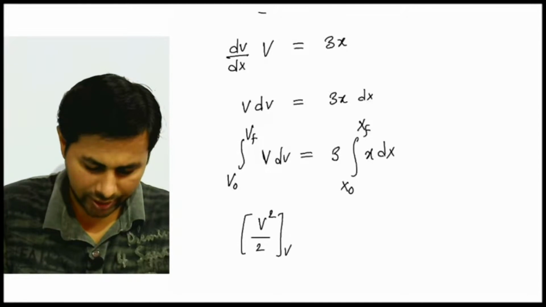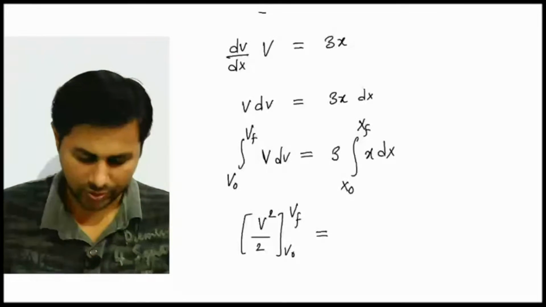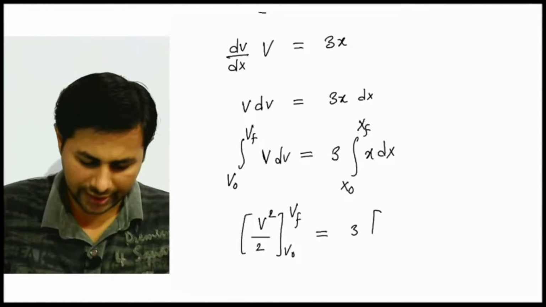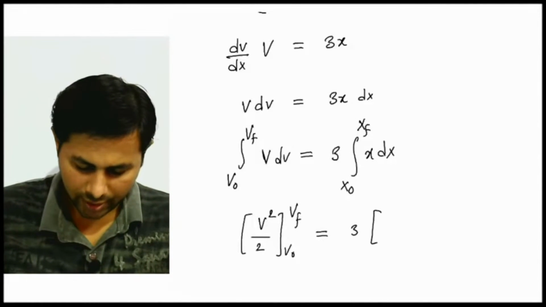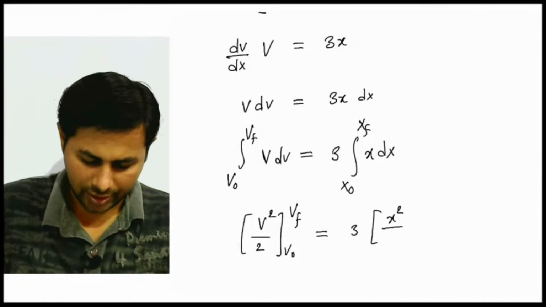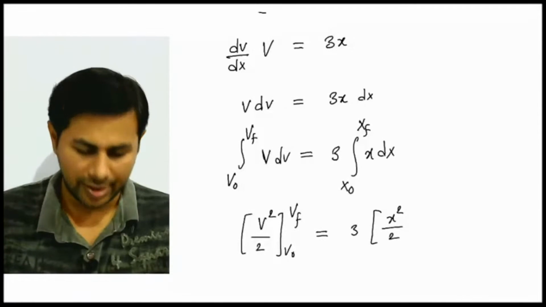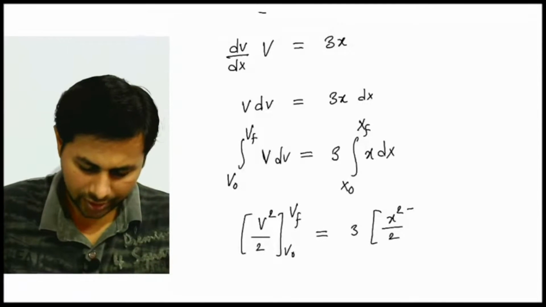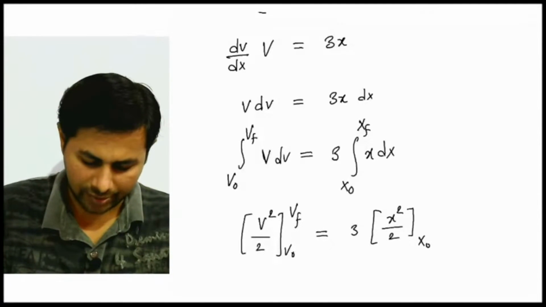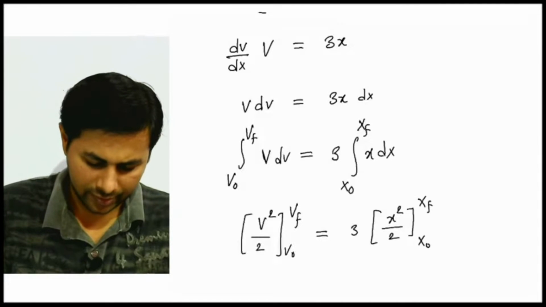The lower limit is v naught and upper limit is vf. So it will be equal to 3 times integral of this term x dx will be x squared divided by 2. The lower limit is x naught, upper limit is xf.